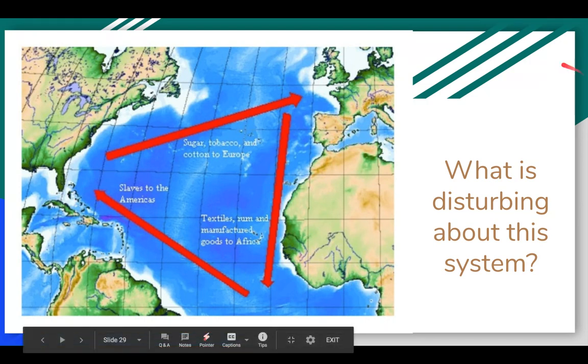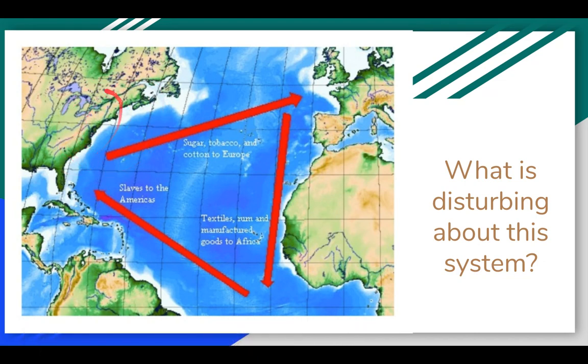So I have a question right here. It says, what is disturbing about this system? Look at the triangular trade. Here we go. We're starting from America, the New World, okay? Items going from the New World to the Old World to Europe are sugar, tobacco, and cotton, okay? These are cash crops. These are being sold to the Old World.